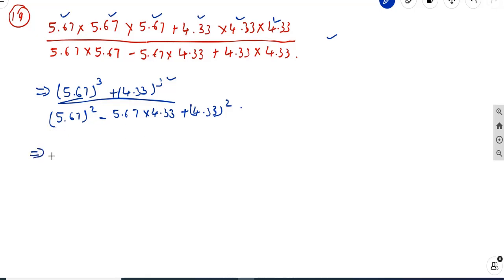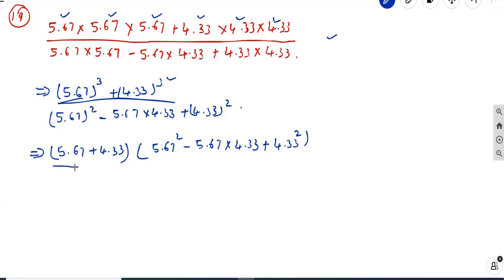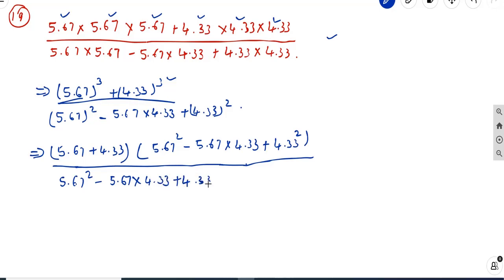So I can write it as 5.67 plus 4.33 as one term, and one more term as 5.67 square minus 5.67 into 4.33 plus 4.33 square. This is divided by 5.67 square minus 5.67 into 4.33 plus 4.33 square.